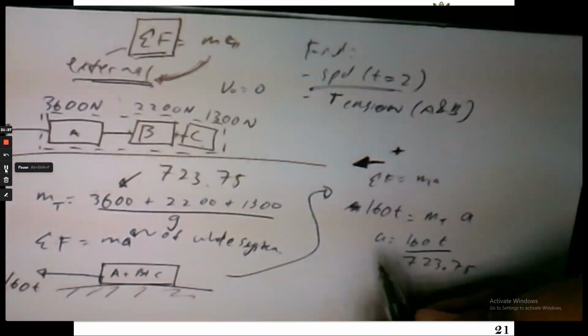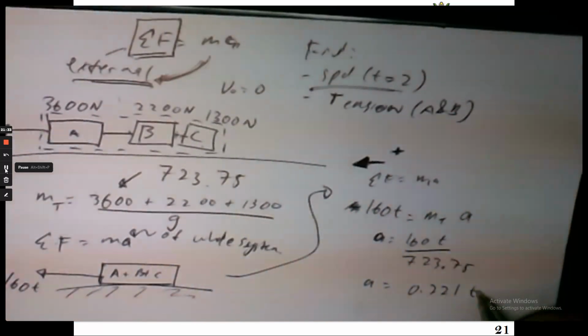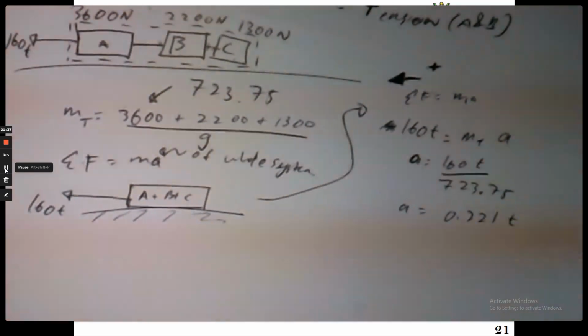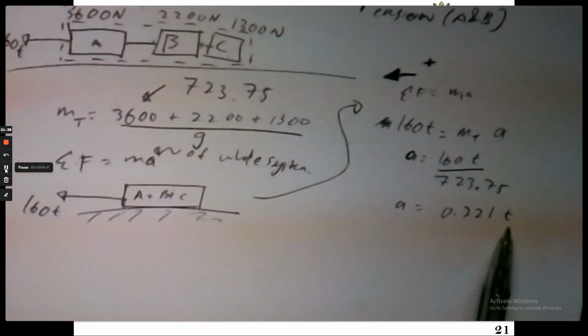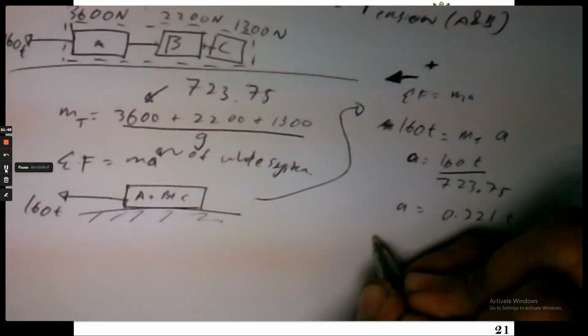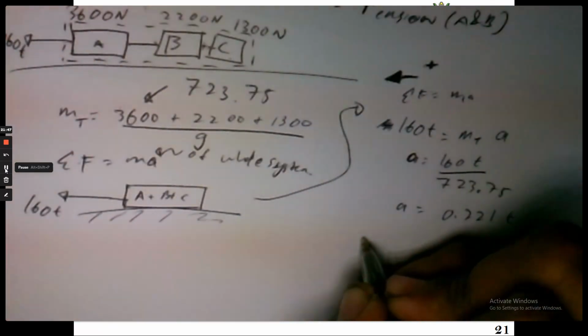So acceleration would be 0.221 t. All right, then we need to find the speed. Since the acceleration is a function of time, we need to integrate a, the acceleration.